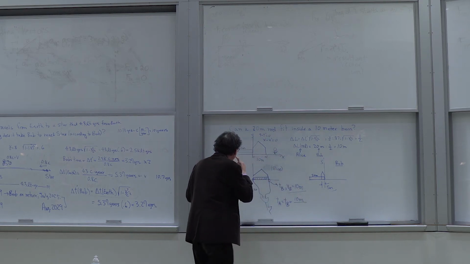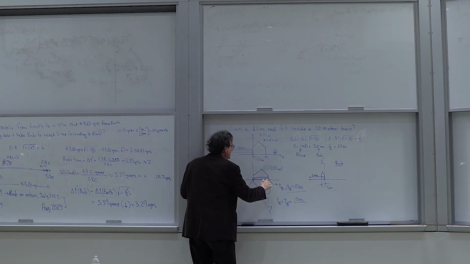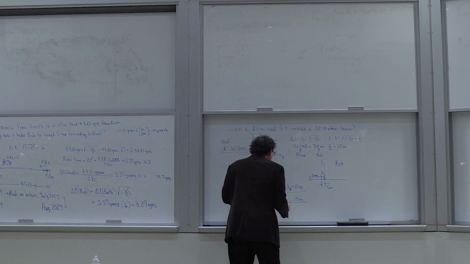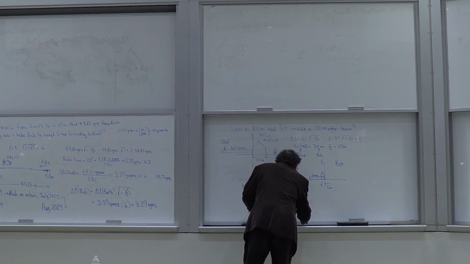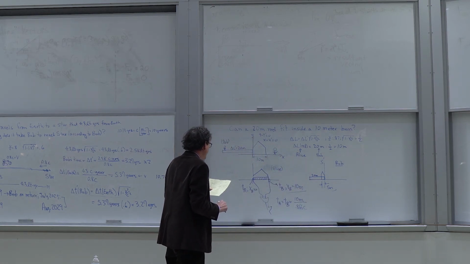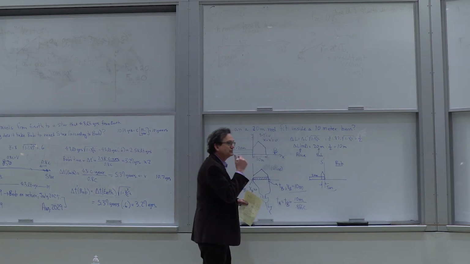The right end of the rod travels 10 meters in a time equal to the distance divided by its speed, which is 0.866 times c. So that is the time at which this occurs.